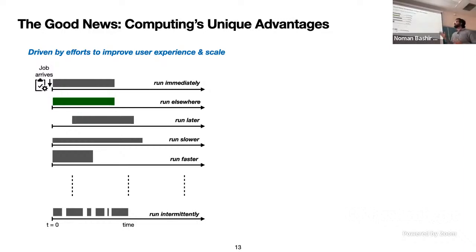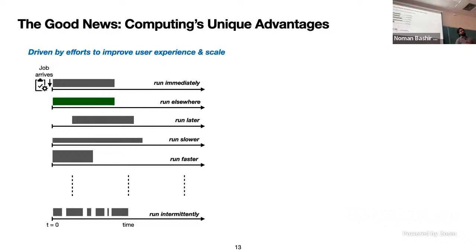So the point here is that computing is unlike many other loads that you see. If I need a light in this room, or if I need to toast my bread, I cannot delay it for 4 days, or even an hour or 5 minutes. Computing is very unique in a sense that it has a lot more flexibility.